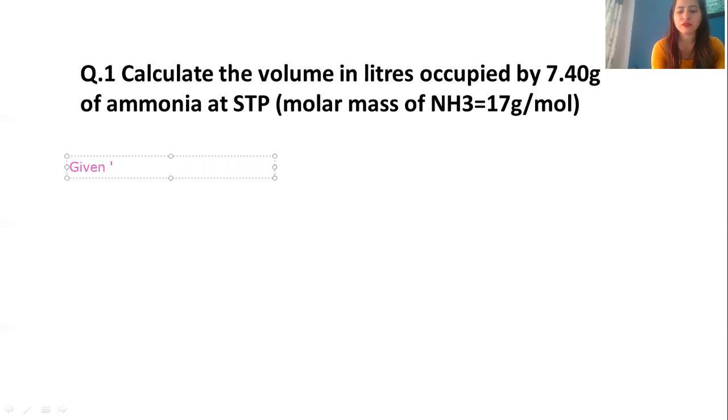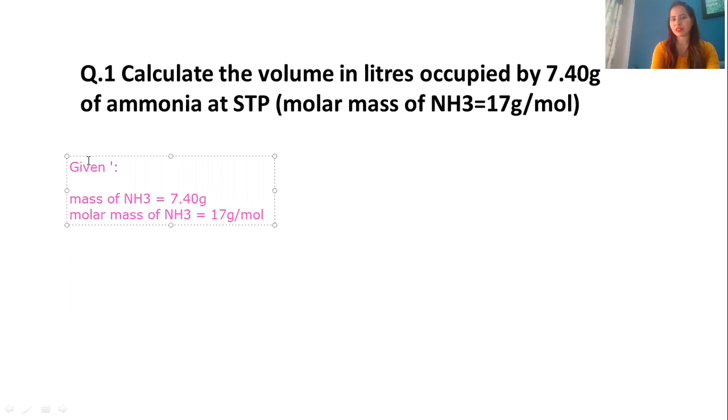First of all, we can write given, that is mass of ammonia NH3 is equal to 7.40 gram. Similarly, we have molar mass of ammonia, which is equal to 17 gram per mole. This is what you have in given.